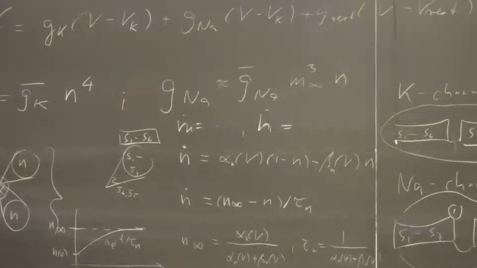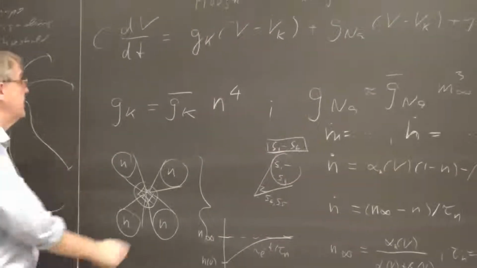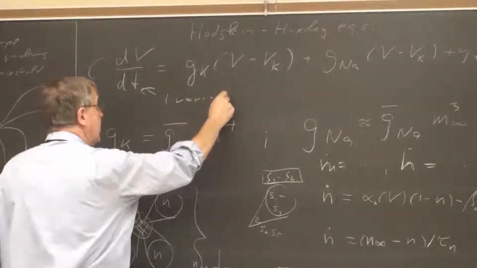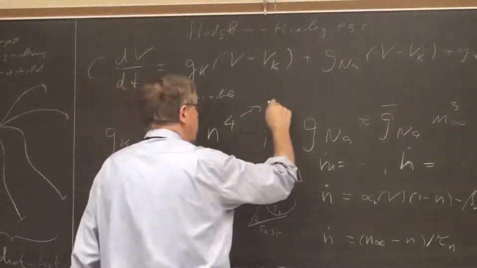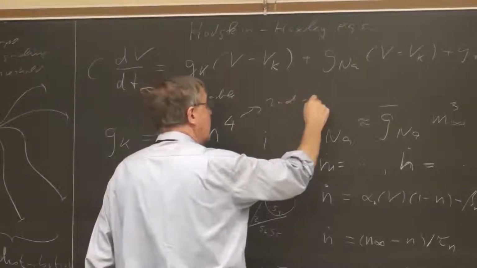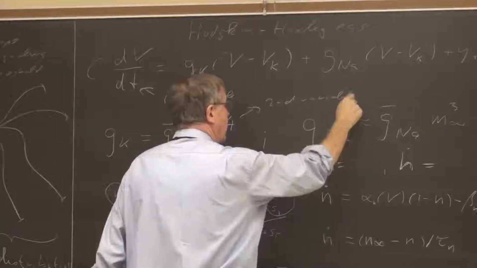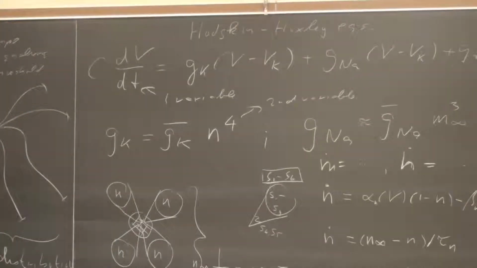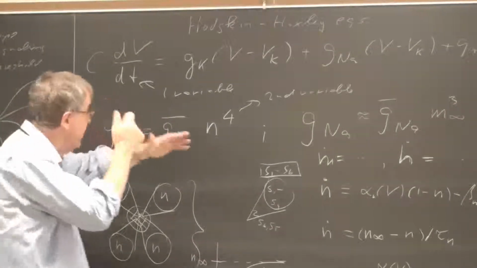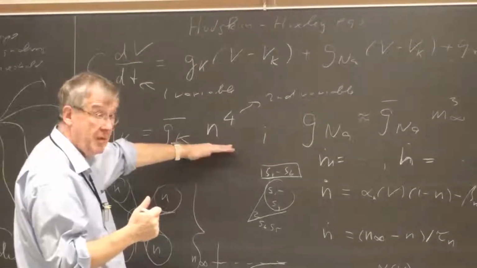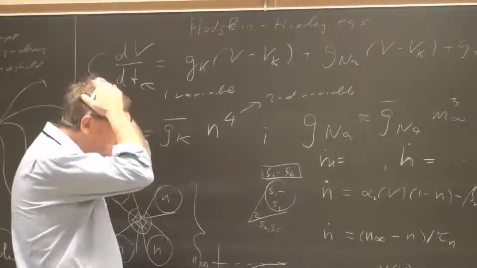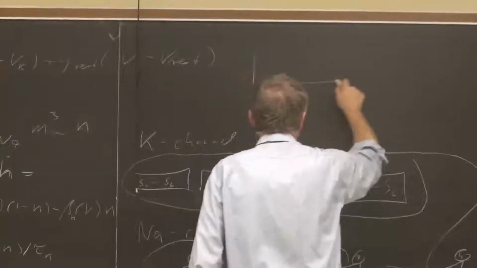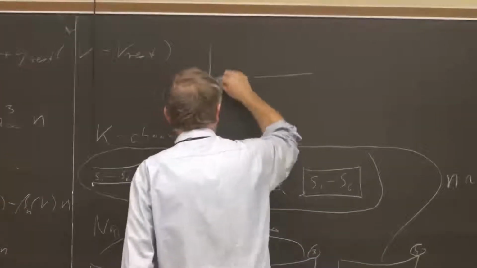If we do this, then we have now the Hodgkin-Huxley equation with one variable and here a second variable. So the Hodgkin-Huxley equation looks like a complicated, non-linear differential equation with a fourth power. Ooh. But in fact, it lives in a two-dimensional manifold.